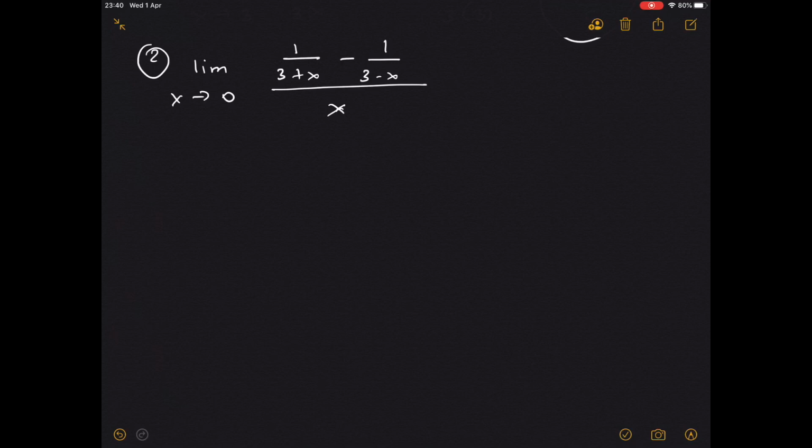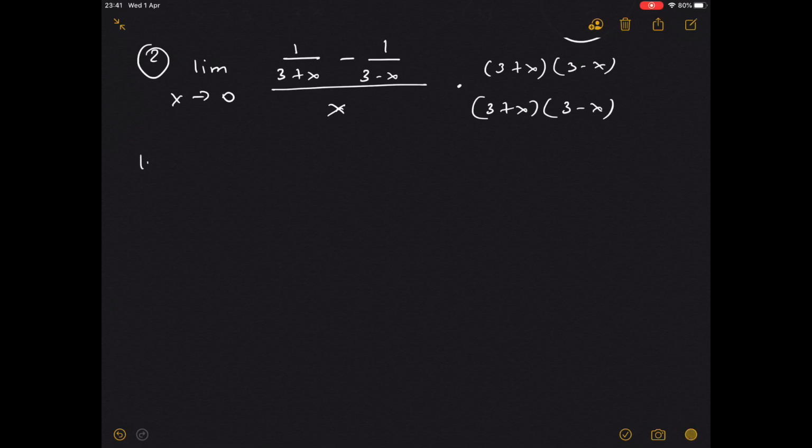So again, in this type, we're going to multiply by the common factor of the denominators of the fractions. So you will multiply the numerator by 3 plus x and 3 minus x, and also the denominator by 3 minus x and 3 plus x and 3 minus x as well.